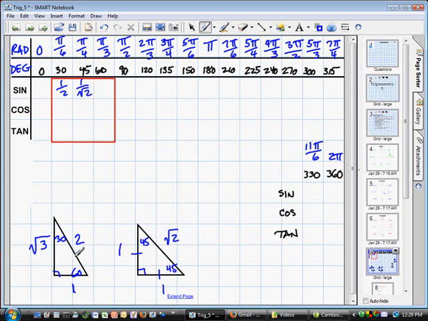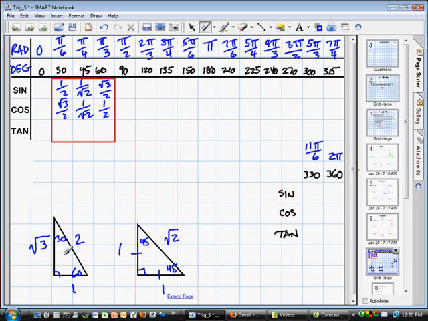Sine of 60 degrees, leg opposite over hypotenuse. Cosine 30, leg adjacent over hypotenuse. Cosine 45, leg adjacent over hypotenuse. Cosine 60, leg adjacent over hypotenuse.